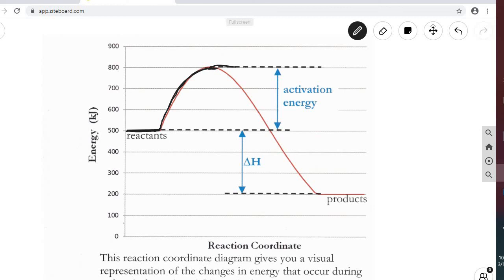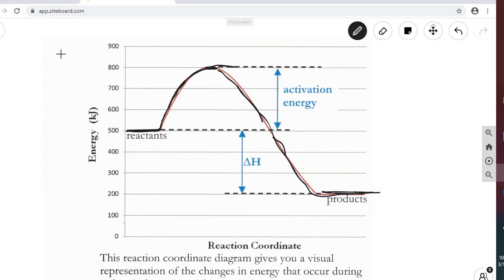We had to put 300 kilojoules of energy into it to get up to 800 kilojoules, and then the reaction proceeds.